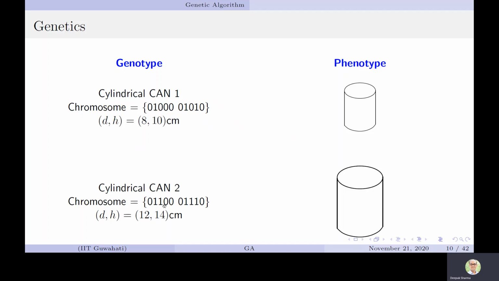We keep on changing the chromosome in such a way that it will give me some optimal value of say D and H for a given problem. Accordingly, the phenotype will change and that will become our optimal solution.